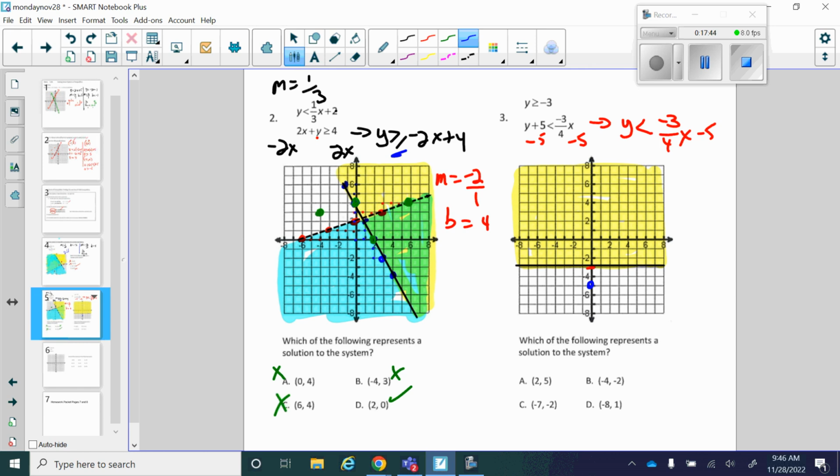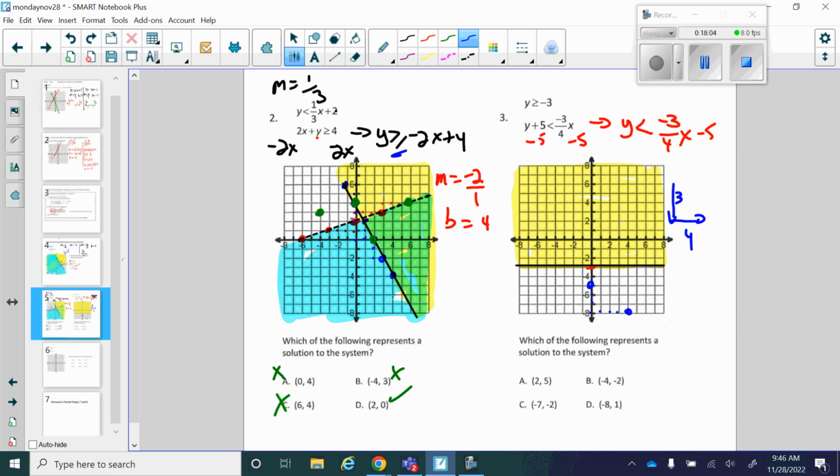For my slope, I'm going to go down 3 and to the right 4. 1, 2, 3, to the right 4.